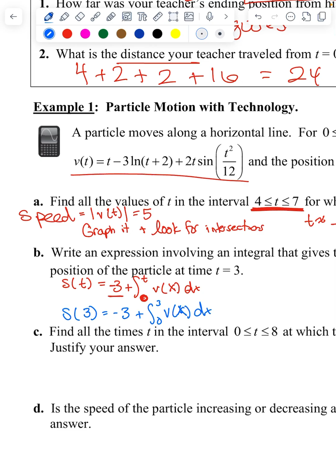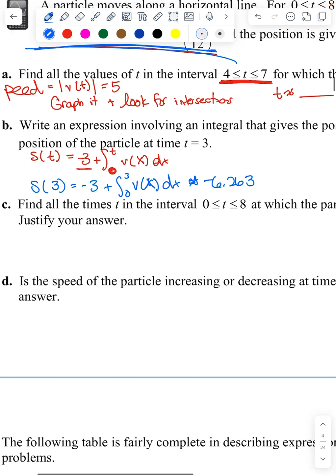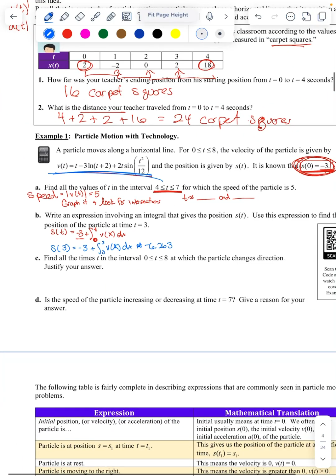Again, this is a calculator problem, so really you should just plug this in, remembering that v of x is just v of t. Okay, and once you solve this, you should get about -6.263.